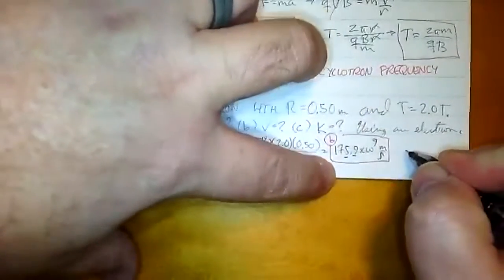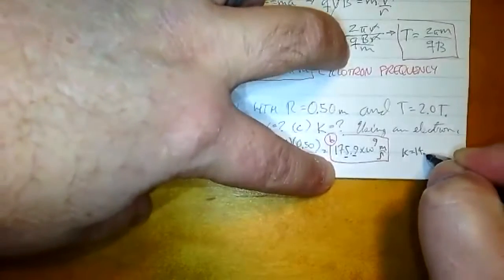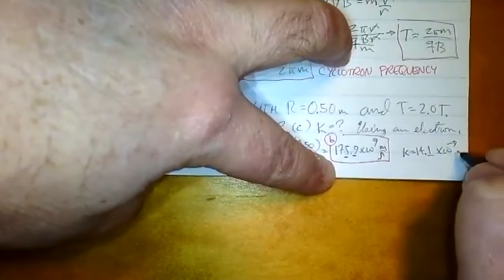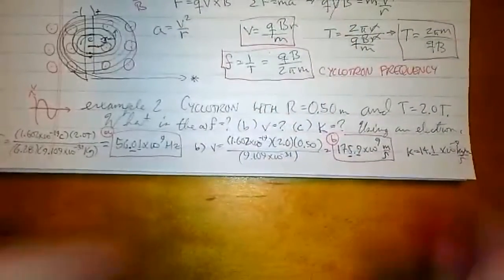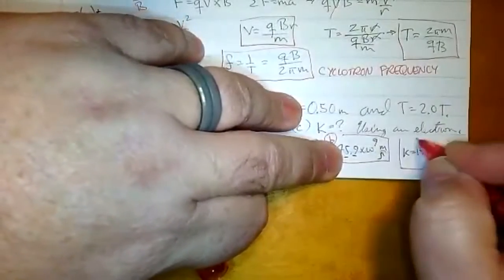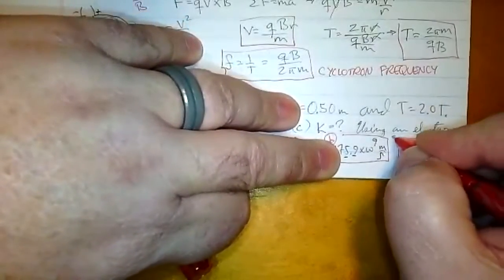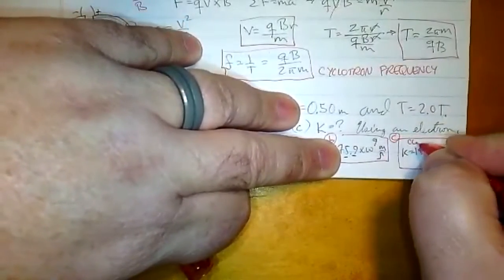So in this case, kinetic energy would be 14.1 times 10 to the negative 9th kilograms meters per second. So that is actually what the answer would be classically, but again, classically, it's not accurate.